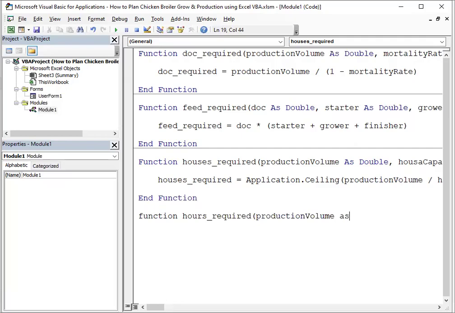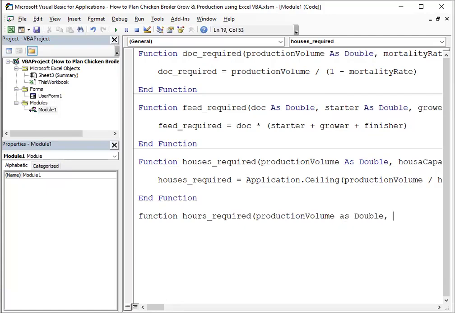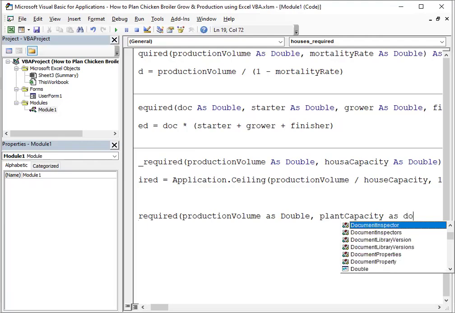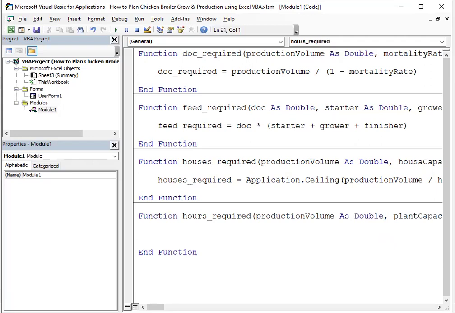As double production volume, comma, plant capacity, plant capacity as double. Then as double.